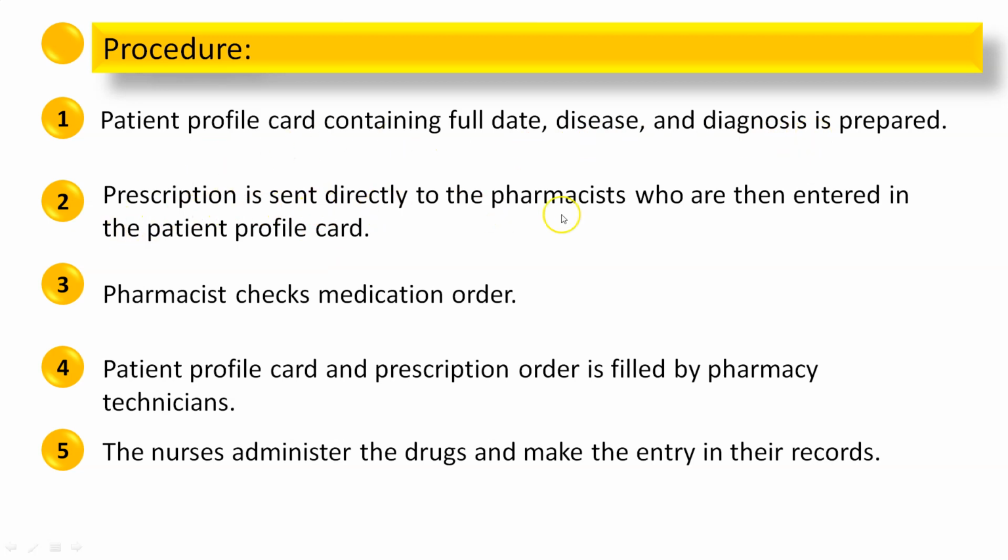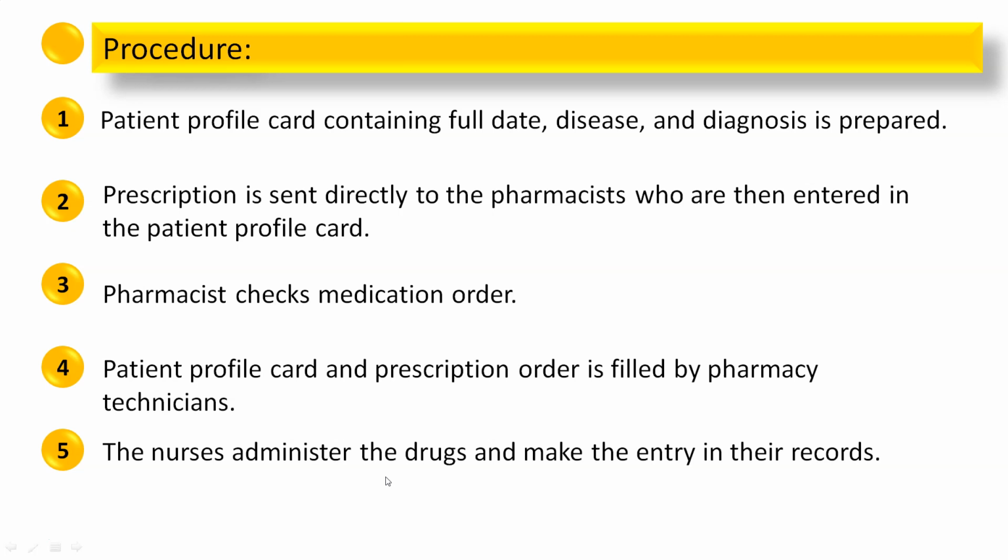The prescription is sent directly to the pharmacist, who then enters it in the patient profile card. The pharmacist checks the medication order. The patient profile card and prescription order are filled by the pharmacy technicians. The nurse administers the drugs and makes the entry in the records. This is the procedure of the decentralized unit dose dispensing system.